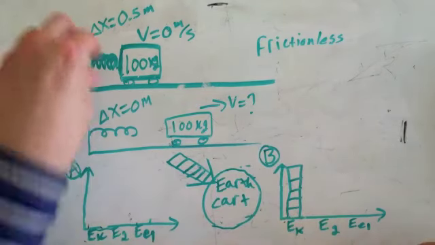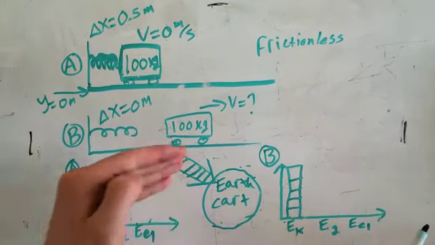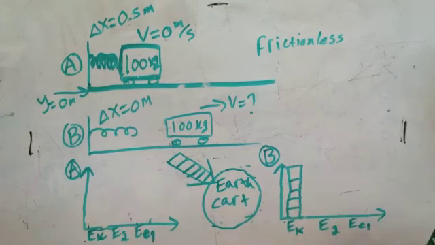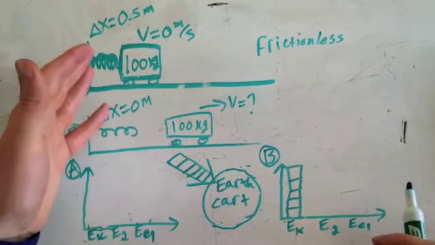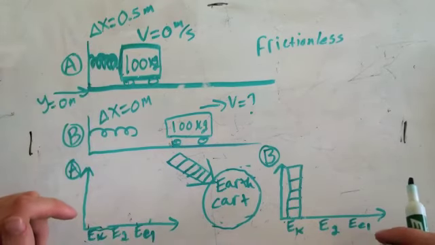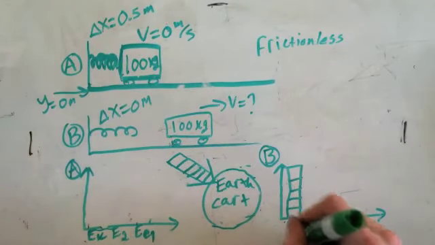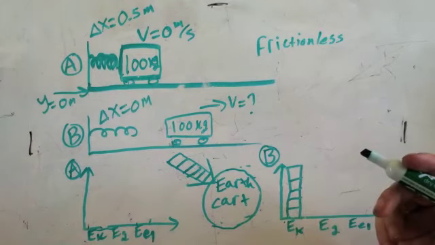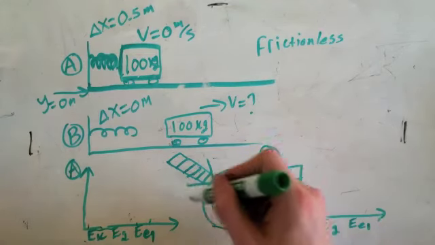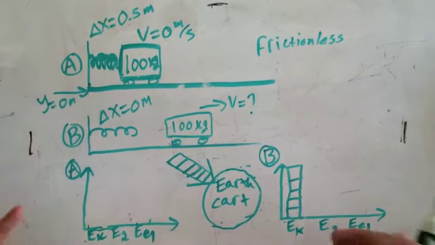So between A and B, 5 blocks of energy enters the system. Likewise, if there had been energy in the system in A, let's suppose we look at the spring but not the cart, then energy would come out of the system. I would show blocks coming from the system out to the external world. It's a weird thought. Do your best with it. We're going to talk about quantifying this tomorrow and Thursday. But for right now, we just want to look at it qualitatively.